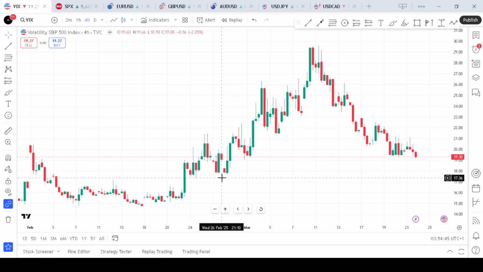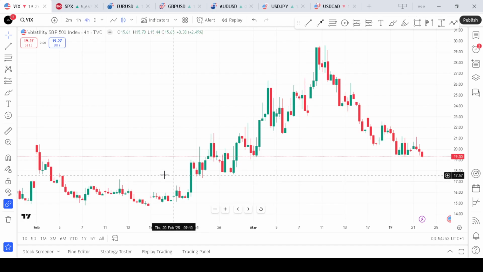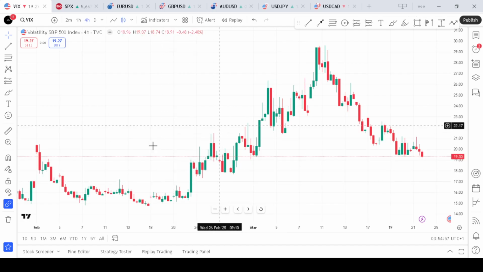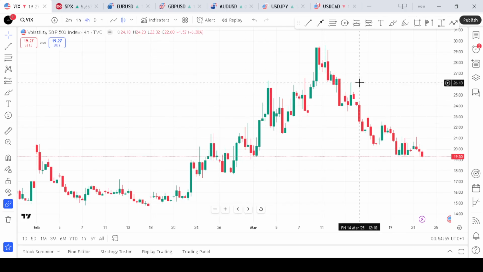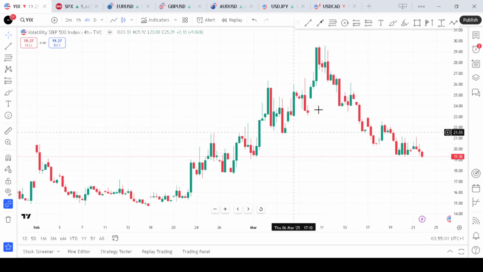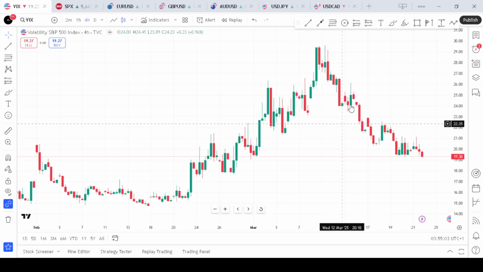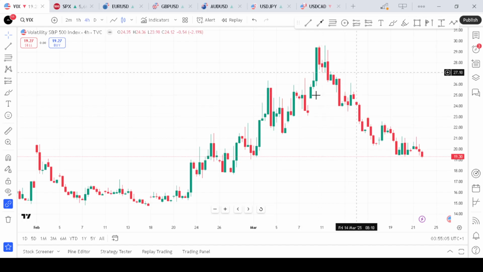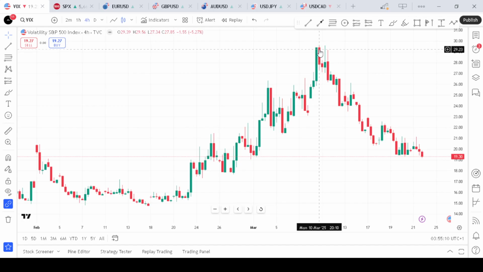Now let's look at a step-by-step strategy that has been tailored to use the VIX in our trading. First, identify the extremes. A high level often occurs during periods of panic or heightened uncertainty in the market, where it may be oversold and could be nearing a reversal.